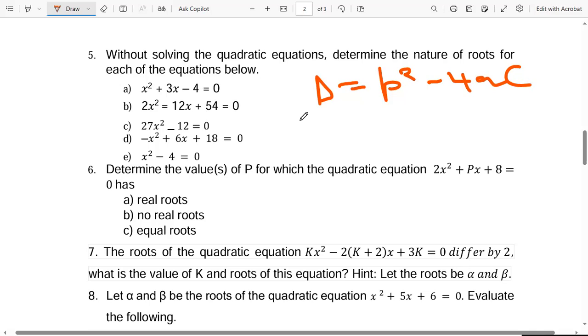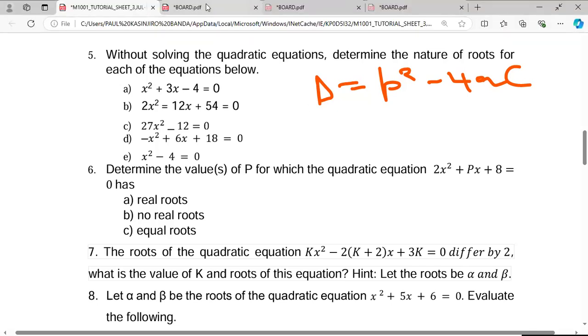If we took the discriminant of that one, you see that it will be less than 0. And if the discriminant is greater than 0, it means you have real solutions. And if the discriminant is equal to 0, it means you have 2 equal solutions, or just one solution.